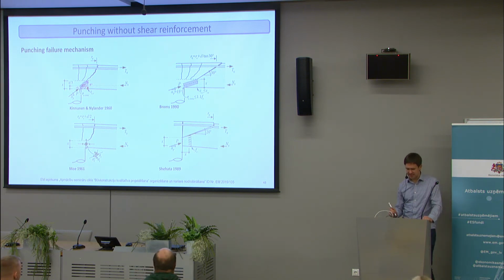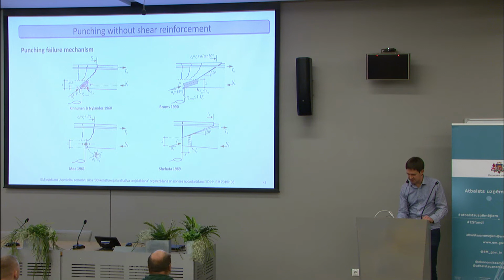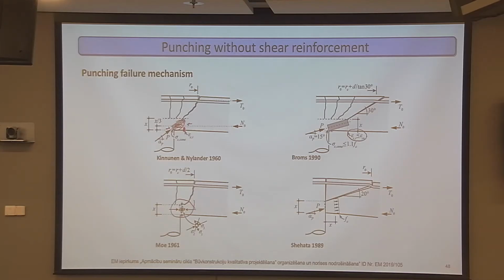Then Karl-Erik Broms in 1990 proposed another model that is also similar to Kinnunen-Nylander, but he modified it a bit. He actually reduced the strain, because the Kinnunen-Nylander model was predicting much higher strength for some specimens. Then there was a model of Johannes Moe that assumed that there is also shear stress transferred in the compression zone.